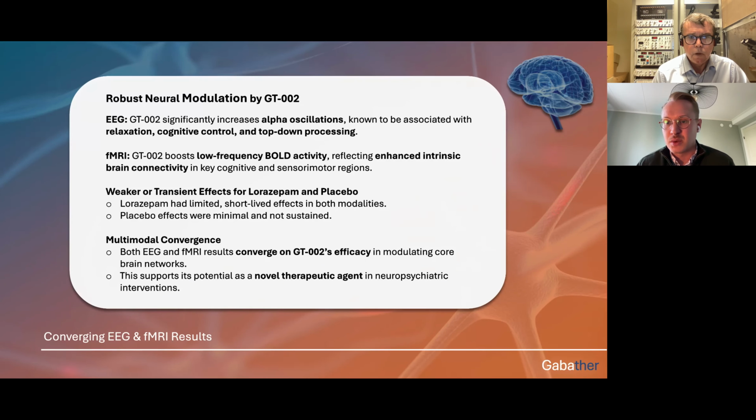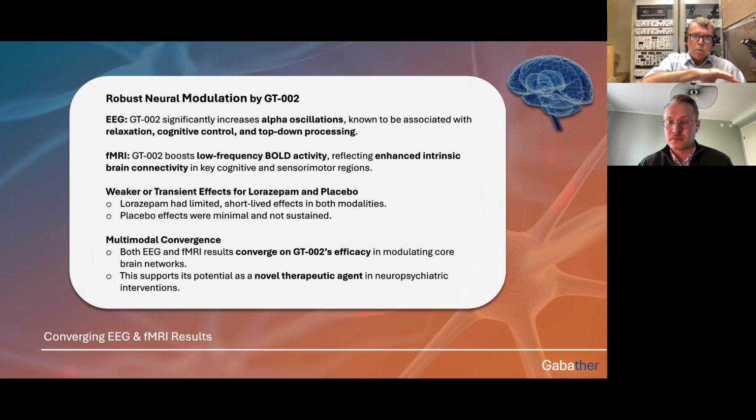For a layman, that means, for example, you start all your volunteers at time 0. You give them a placebo. Then you start measuring the effect in the fMRI scanner, say after 2 hours and after 4 hours. With GT002, you would see a very strong rise in the low frequency oscillation in a certain area of the brain.